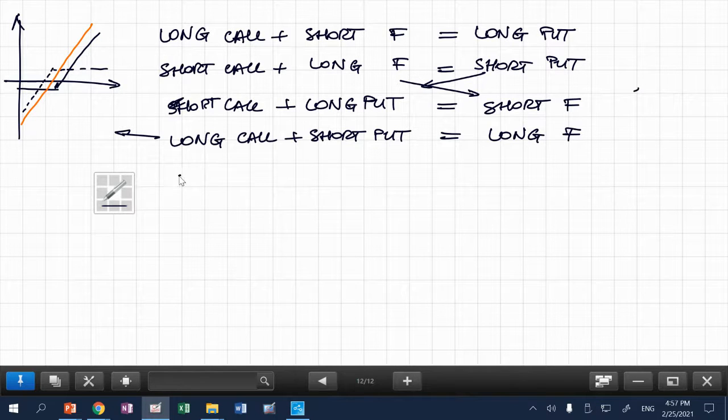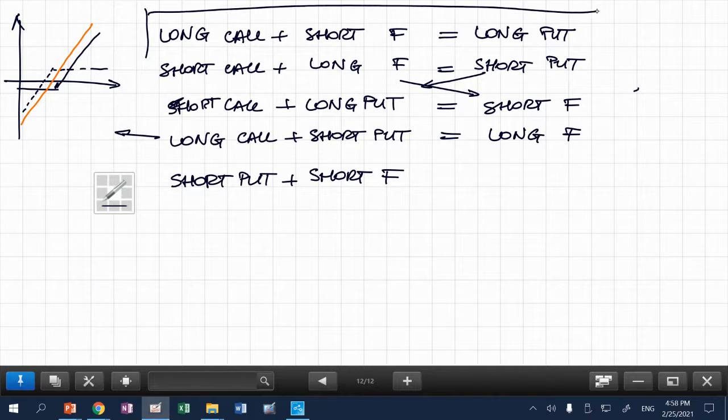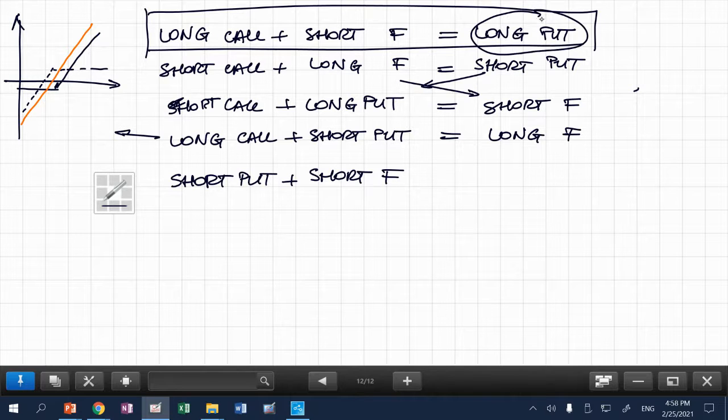If, for instance, we have a short put plus a short future, consider the first equation. I've taken the long put on the first member, changing the sign so it becomes a short put, and I left the short future.